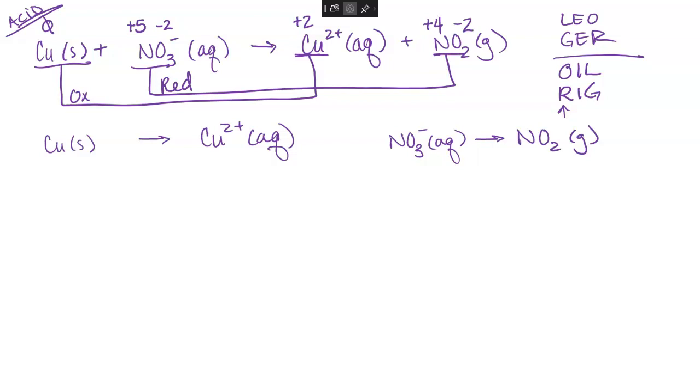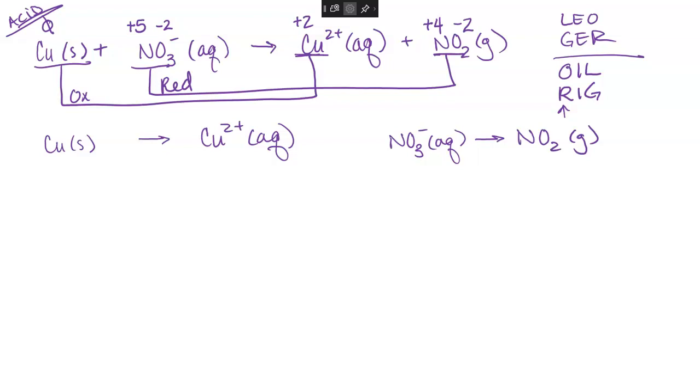Okay, acid conditions. Your first step is to balance all non-hydrogen, non-oxygen atoms. So save hydrogen and oxygen for last. Are they balanced? Yes. They are both balanced, so we don't have to do that.